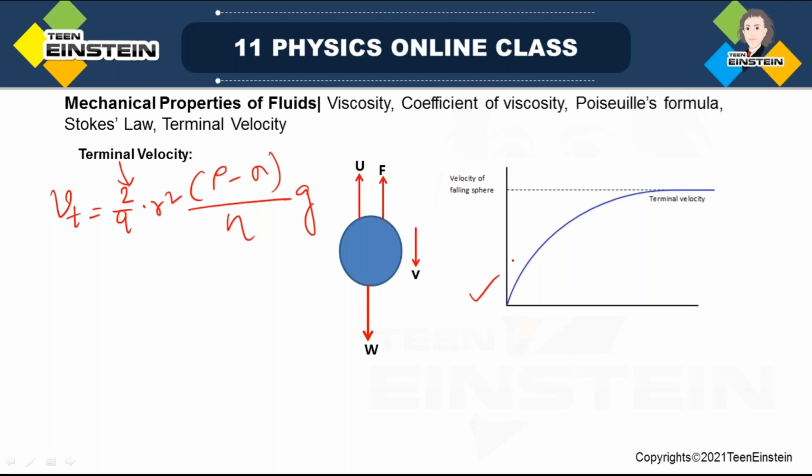Now see how the velocity of the falling sphere varies with time. This is time, so it is a time versus velocity graph. When time was zero, at the beginning it is released from rest, so there was no velocity, and slowly velocity goes on increasing.